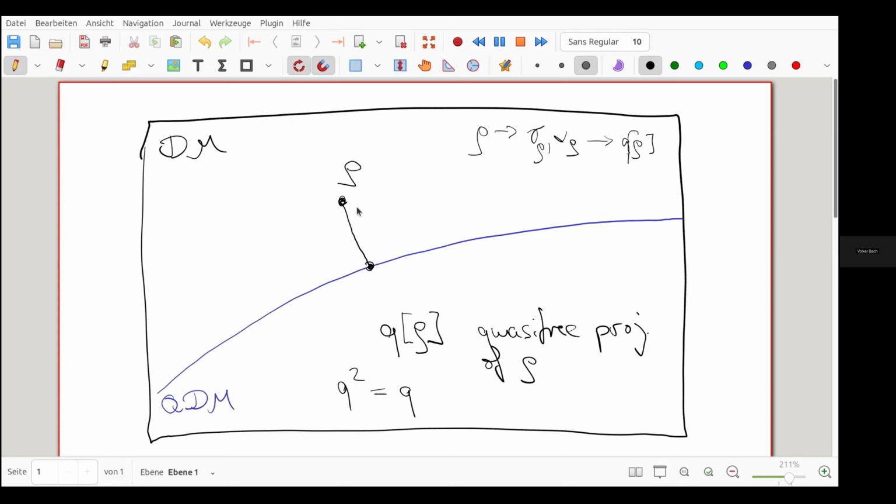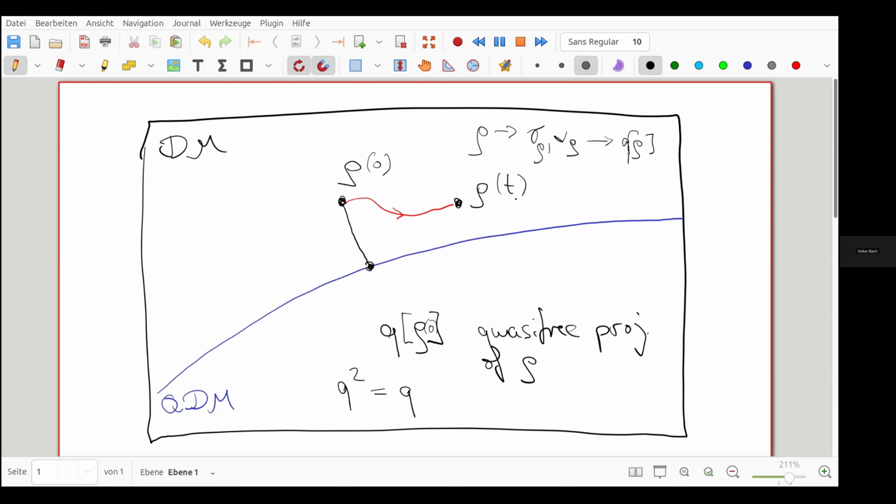If we reduce it to the quasi-free ones, reducing it again doesn't change things. Now, this is a nice picture, and then we can start to look at the time evolution. Here we have the initial value rho of 0, and here's the initial value of the quasi-free density matrix. As time evolves, we move here and get to another density matrix, rho of t.